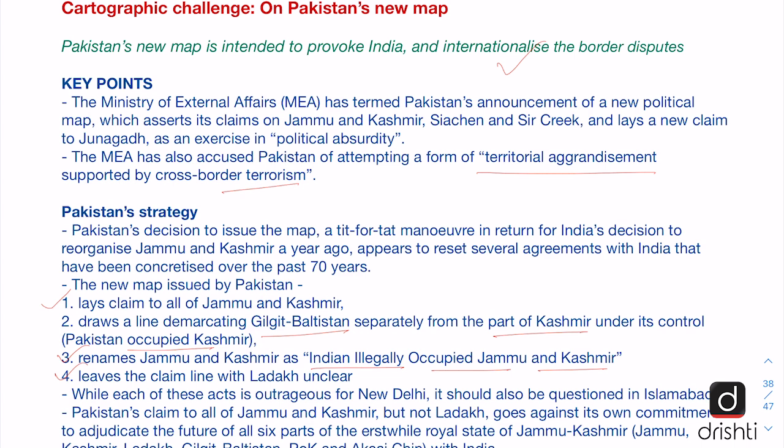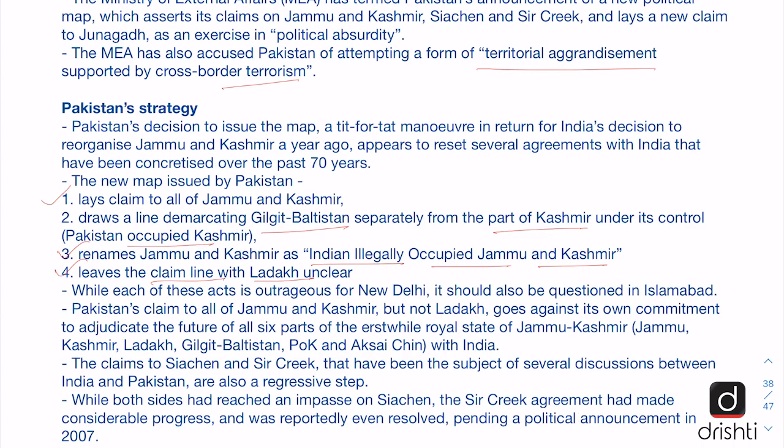Furthermore, it has left the claim line with Ladakh unclear, and this shows the close ties between Pakistan and China. Because India and China are contesting the boundary in Ladakh, that is why Pakistan has left this area of the border undefined.